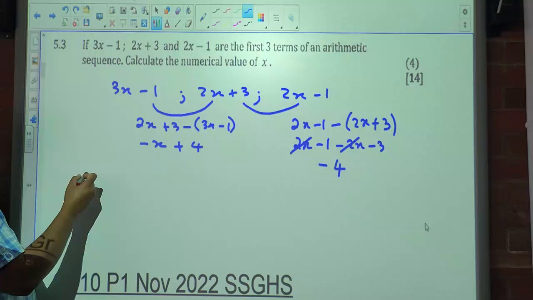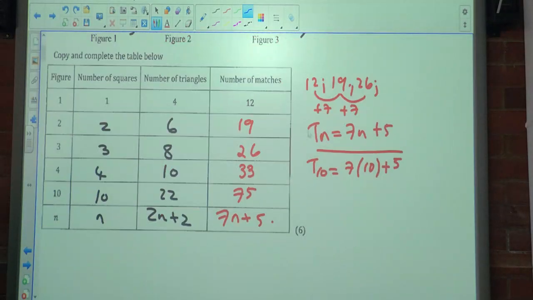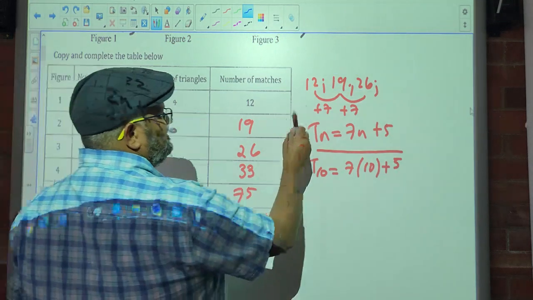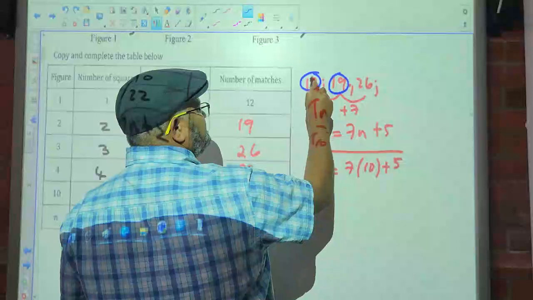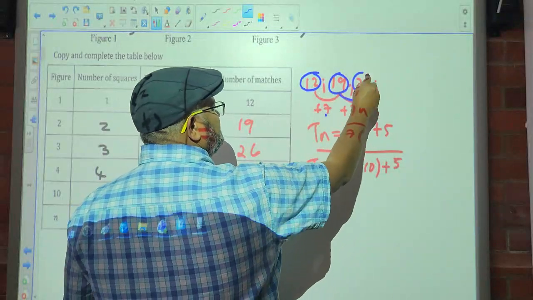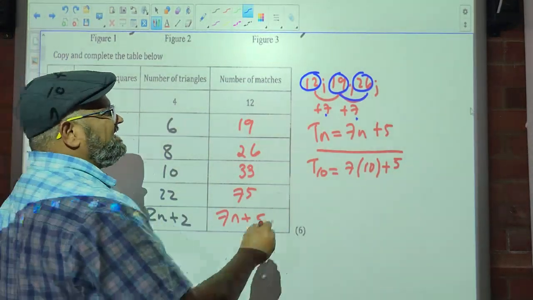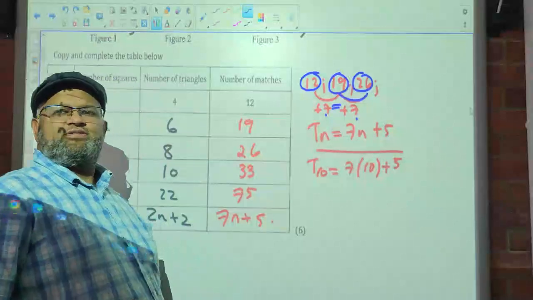Okay, if you got this arithmetic progression here, you all agree that's arithmetic? So what do you notice here? 19 minus 12 is 7. 26 minus 19 is 7. And it's equal because it's a common difference.